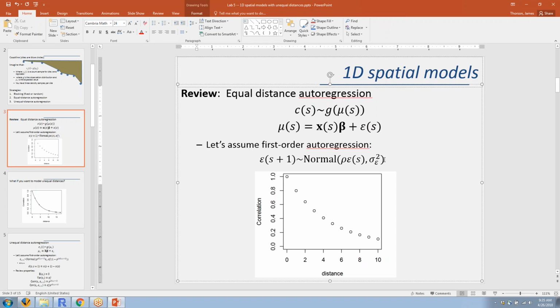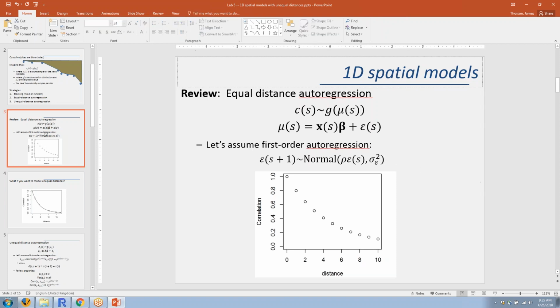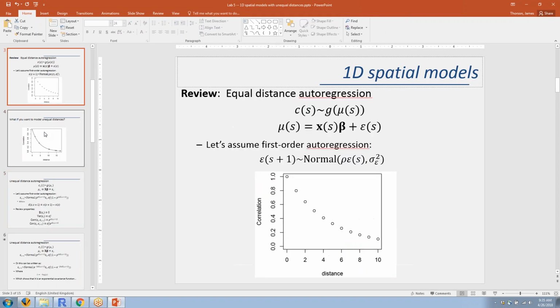And why would I want it to have a variance of sigma squared in this case? Sorry, I should have thought about this more before I used the notation I did for the slides versus the code.